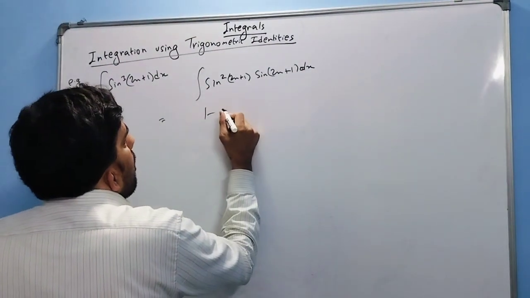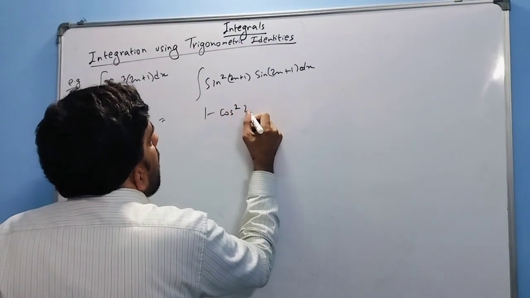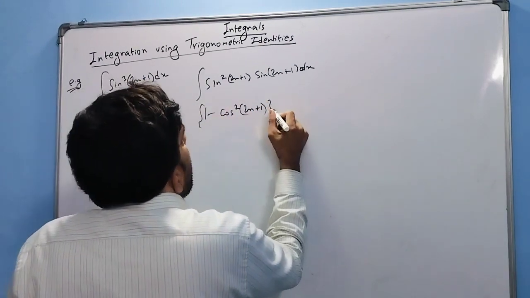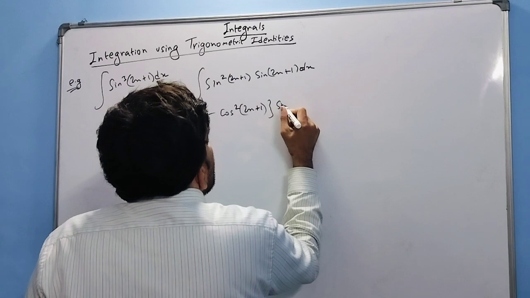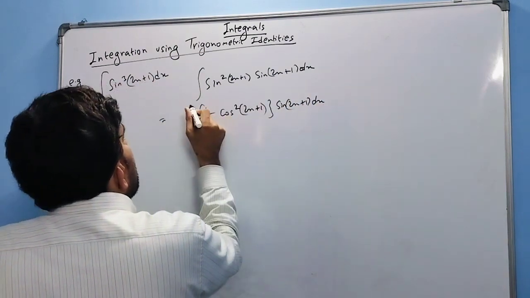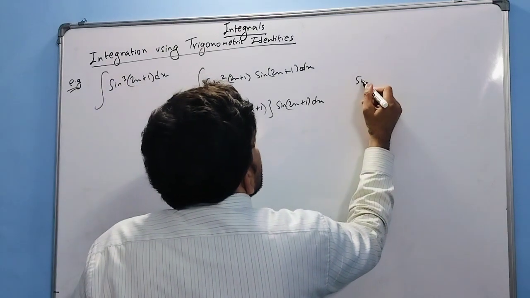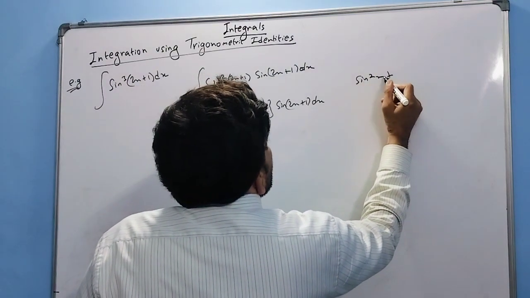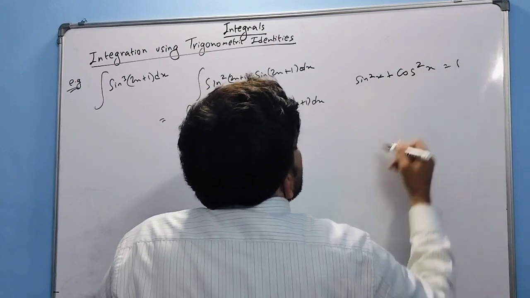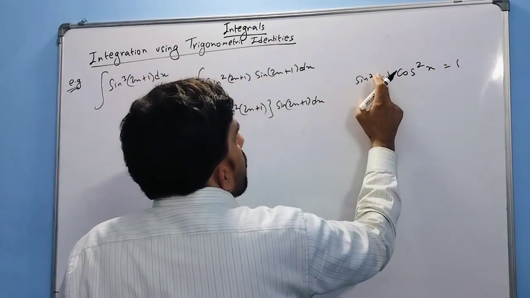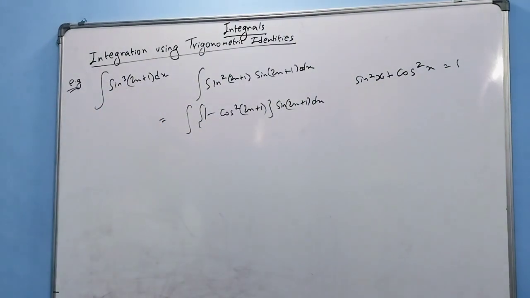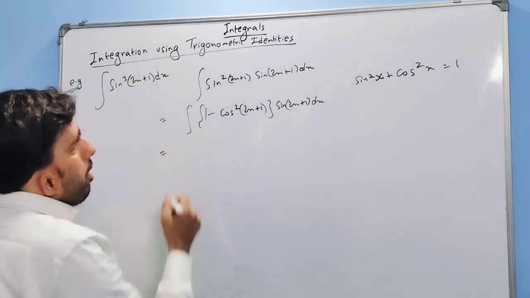Now we'll apply here, that will be 1 minus cos square (2x+1). The identity which we have applied is sine square x plus cos square x is equal to 1.